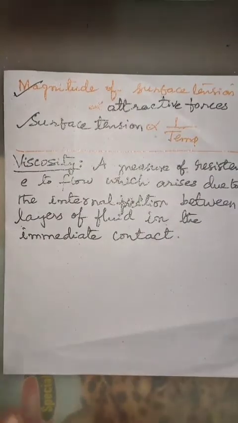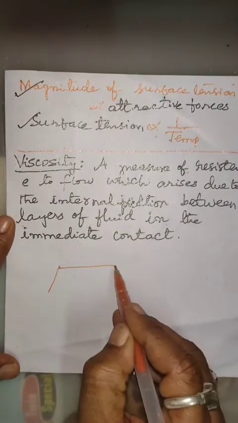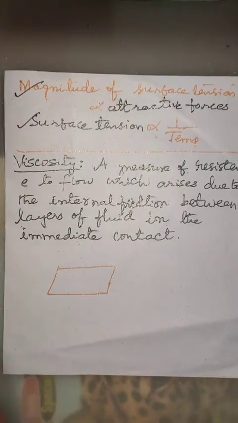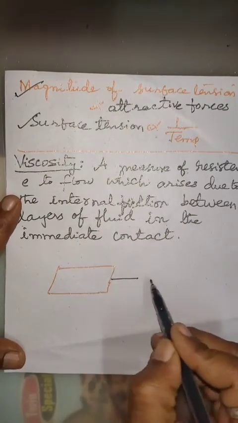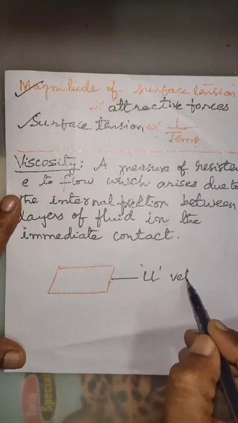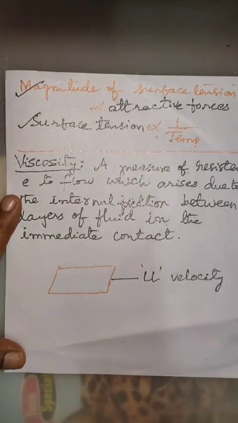Okay, this is the definition, and what is the information related to this one. Yes, this is expected as layer of a liquid. Then it is moving with velocity u, and it is stationary.